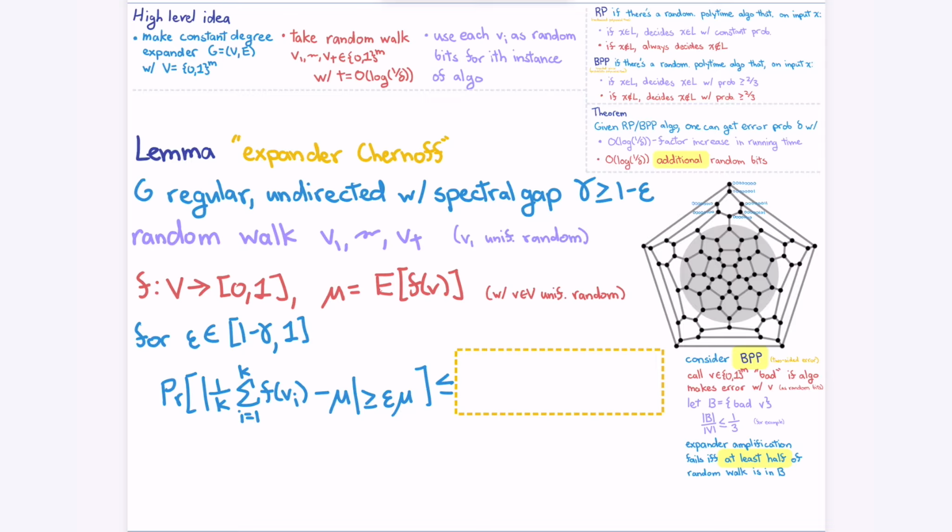That makes sense. So for us, if I made f just label good or bad, so bad is 1 and good is 0, right? And your algorithm makes an error 1/3 of the time. Then mu will be 1/3. Okay, and you're worried about getting 1/2, right? So you're saying, okay, what are the odds that the number of bad things I visit is more than half of them?